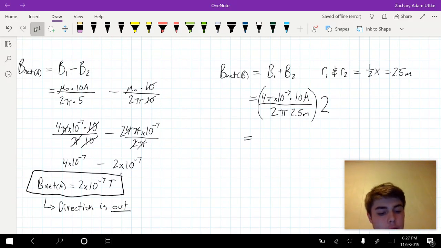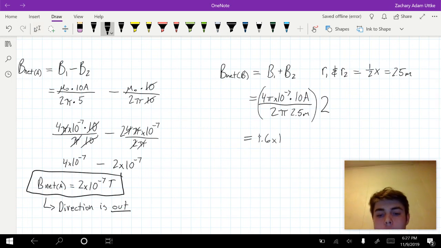So let's see what our calculator tells us after typing this in. 4 pi times 10 to the negative 7th times 10 times 2 divided by 2 pi times 2.5. So here I get 1.6 times 10 to the negative 6 Teslas.